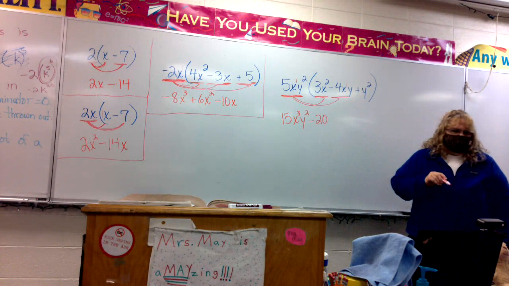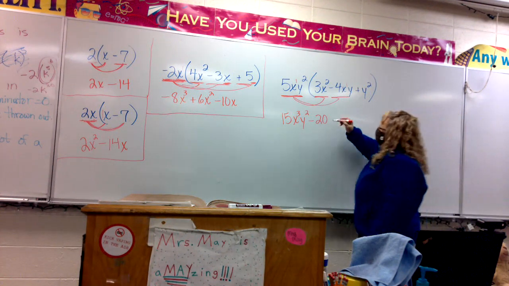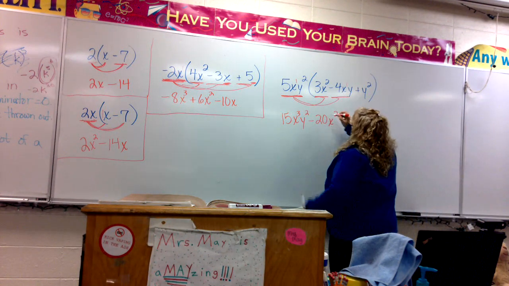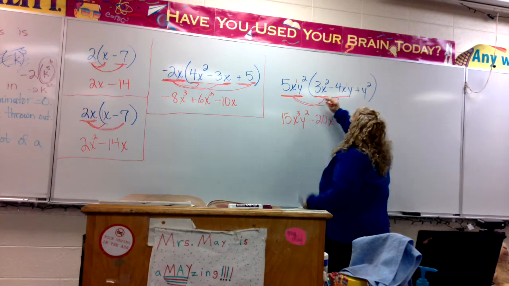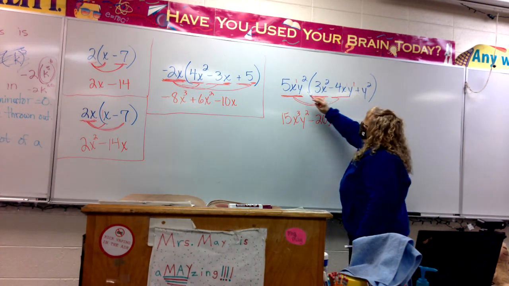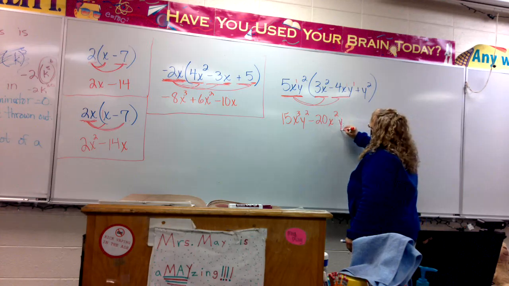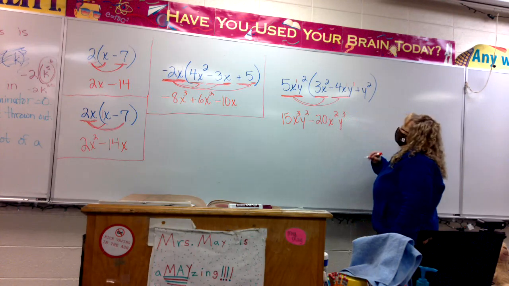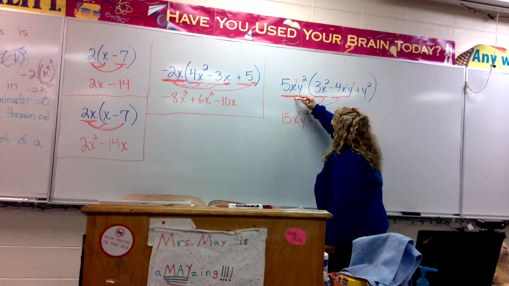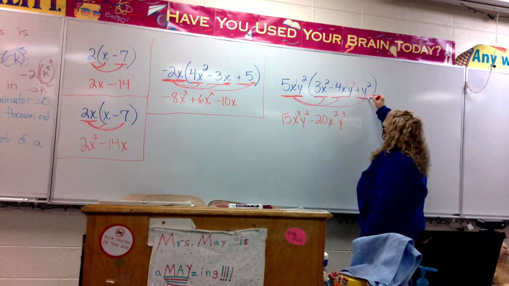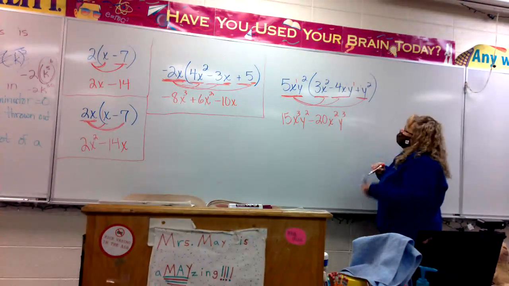I have an x to the first and another x to the first. How many x's does that give me? 2. And then I have a y to the second and a y to the first, y to the second, y to the first. How many? 3. And then we have to move over and multiply this thing times the last one. Remember, we assume there's a 1 there?